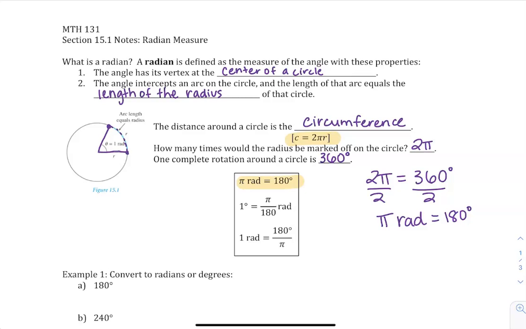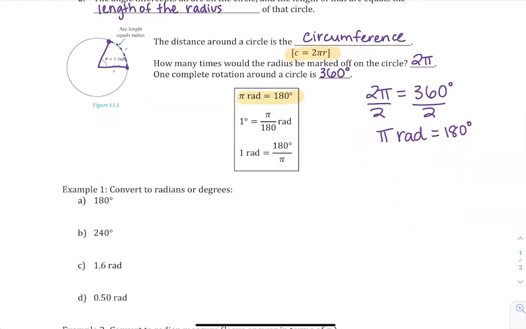Now, if we are trying to go between radians and degrees, we are going to need these little formulas. 1 degree is going to be equal to pi over 180 radians. 1 radian is going to be equal to 180 degrees over pi. So how do we actually use that? Well, here we have 180 degrees, and honestly, we could just say that it's equal to pi radians because that's a definition.